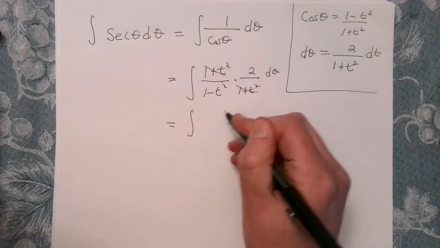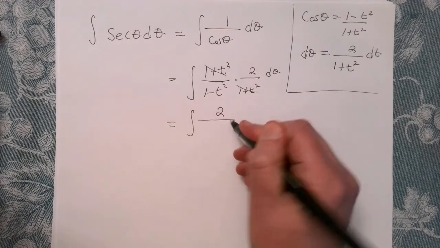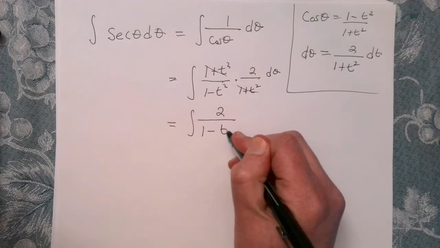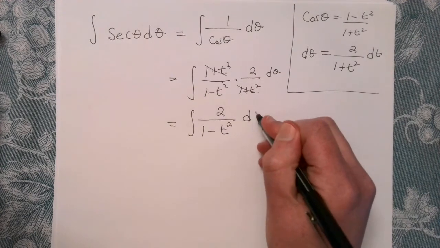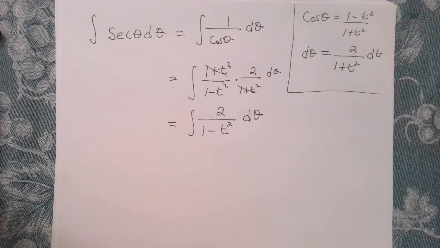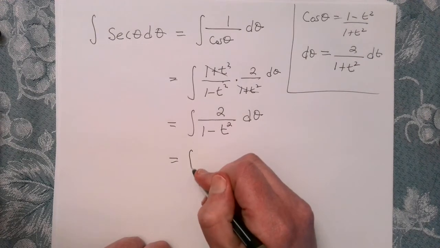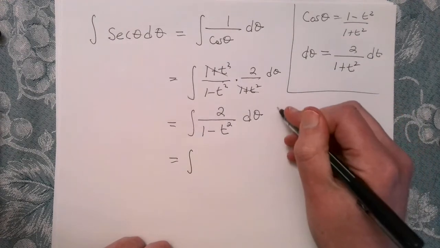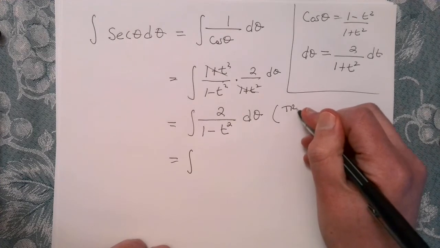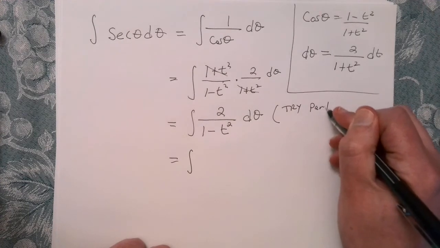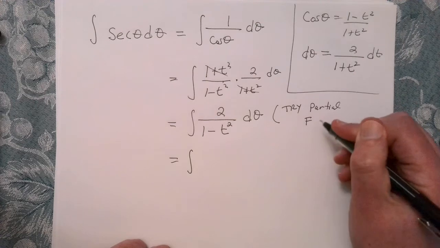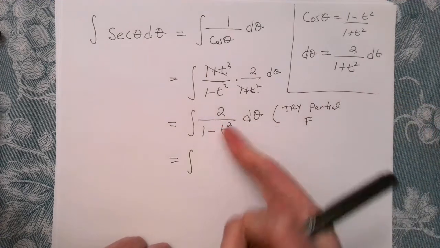We have some canceling, and we can do some partial fractions. The partial fraction decomposition work is similar to the last problem we did. I'm going to leave that to you as an exercise. It's so similar to the last one, I feel comfortable just going from here to here.